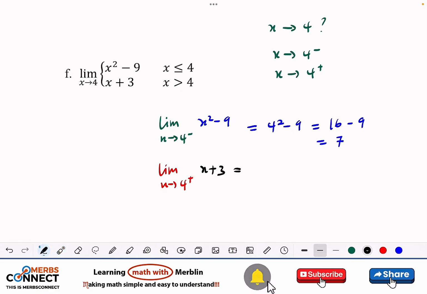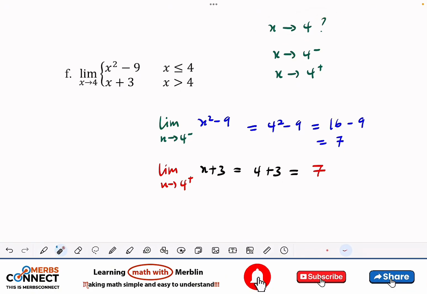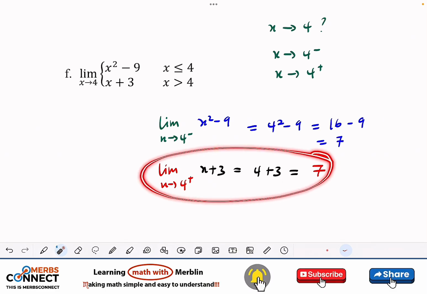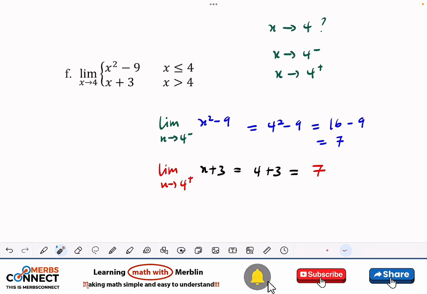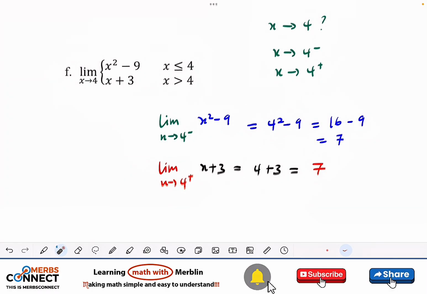So we are going to have 4 plus 3. The magic is happening. This is 7. Indeed, we said that for this limit to converge, or for this limit to exist, the left and the right should be the same. And indeed, left is the same as right. So this limit here is equal to 7.